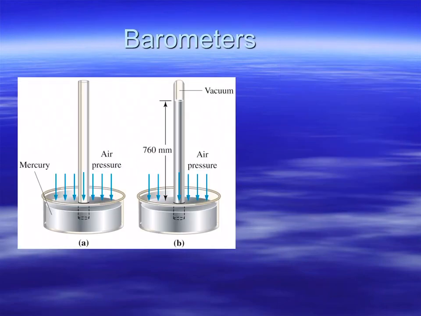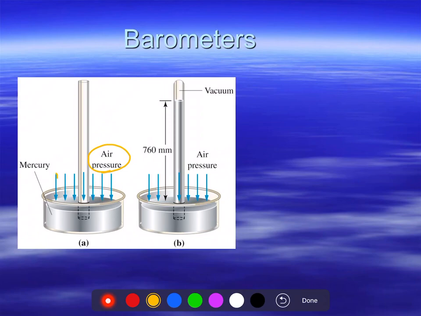So how they do this is they use barometers to measure the air pressure. So what happens is, remember the weight of the air causes air pressure. And so if the weight of the air is pushing down on here, what happens is it forces mercury, and mercury is very stable. It's not compressible. It stays a liquid at multiple temperatures.